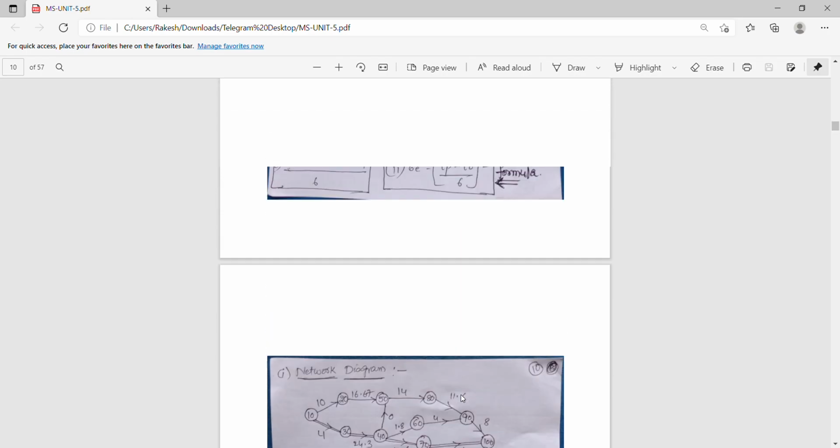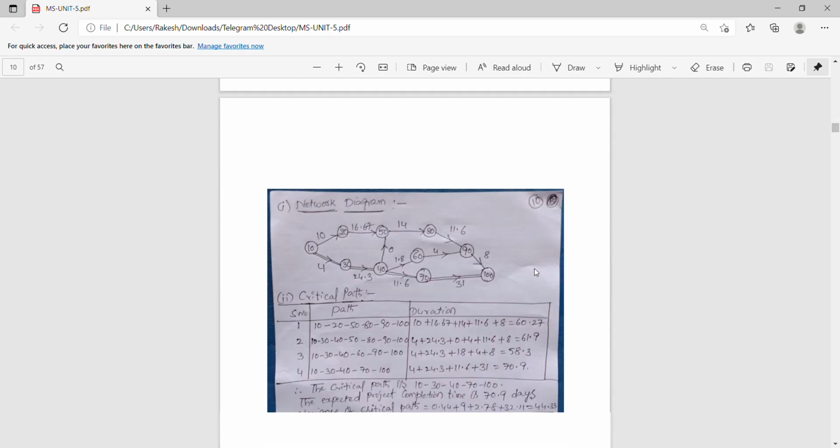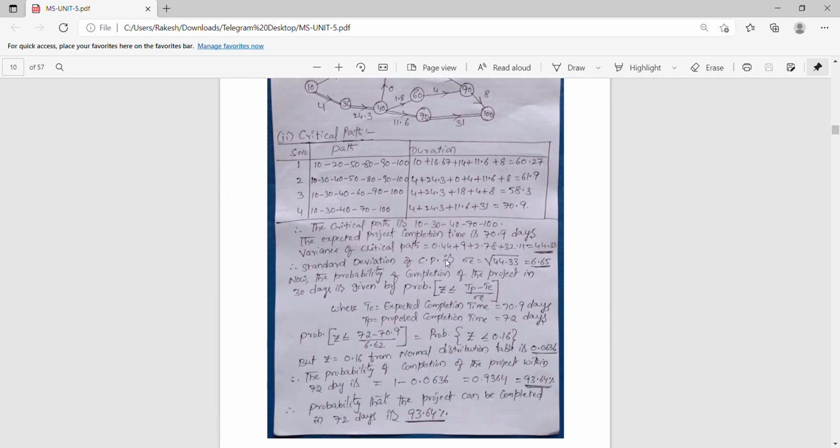Next 30 to 40 we get 9. In this way you have to add all this and we will get the variance as 44.33. Next, standard deviation is nothing but the square root of variance. If you calculate it, you will get 6.65.